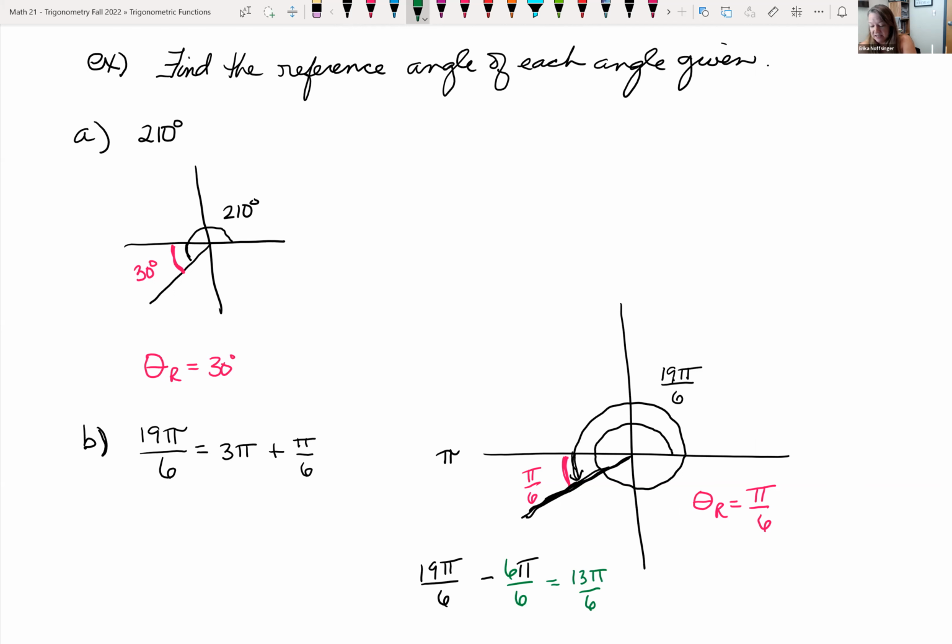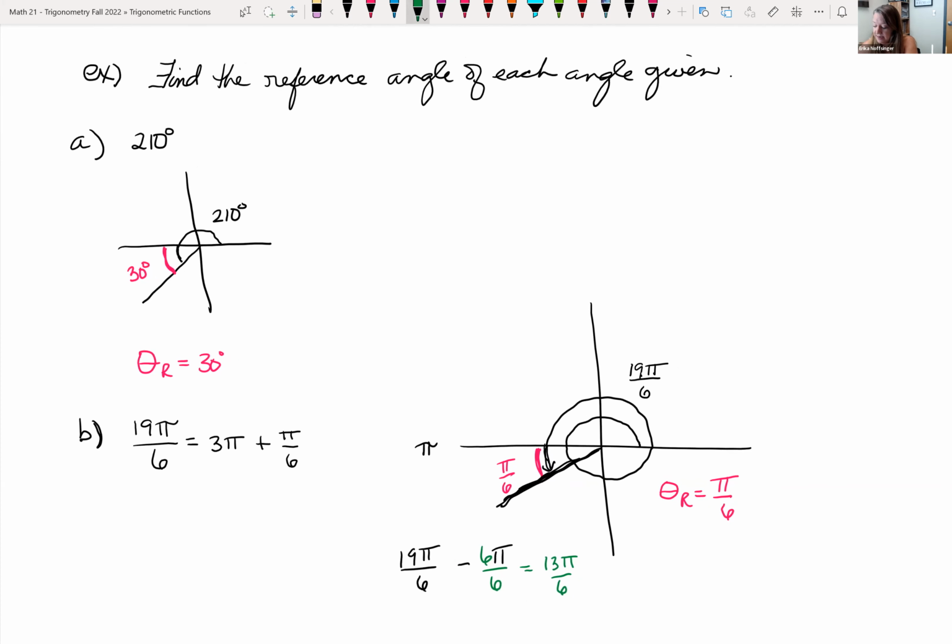So you would have to continue to do this until you got to an acute angle. I know this is not acute. And so I would, again, then subtract off pi from here. So minus pi, so 6 pi over 6. This would give me 7 pi over 6.